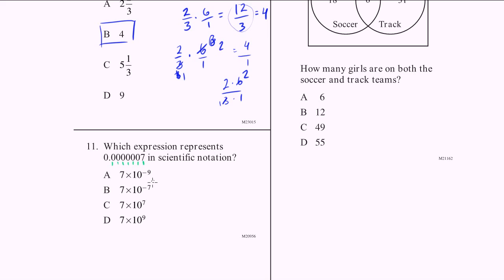So our answer is going to be 7 times 10 to the, it's going to be a negative exponent because we're going less than 1. We're going behind the decimal point. 10 to the minus, and I just counted 1, 2, 3, 4, 5, 6, 7. 10 to the minus 7 right there.